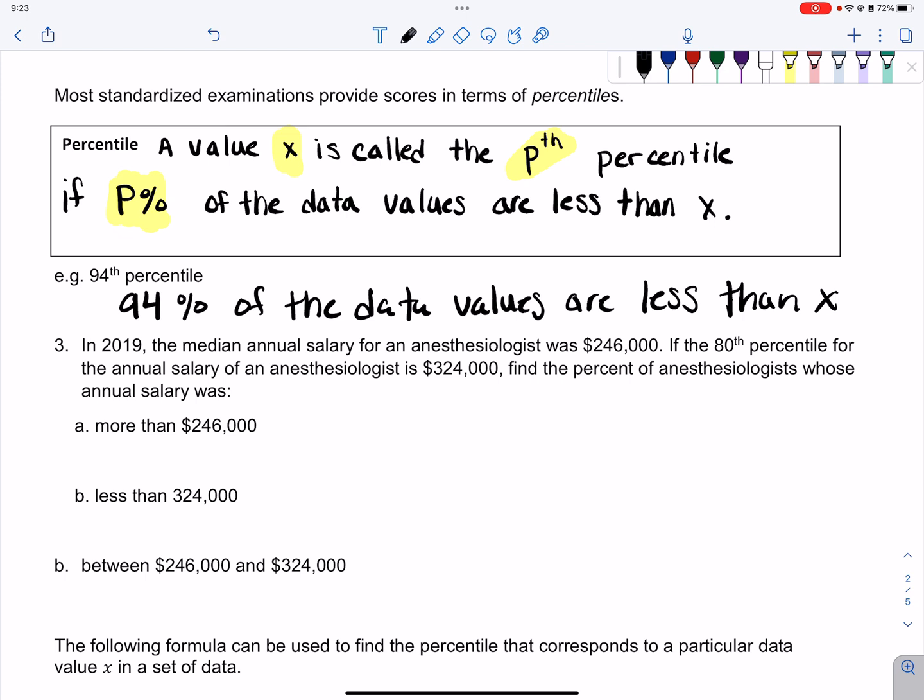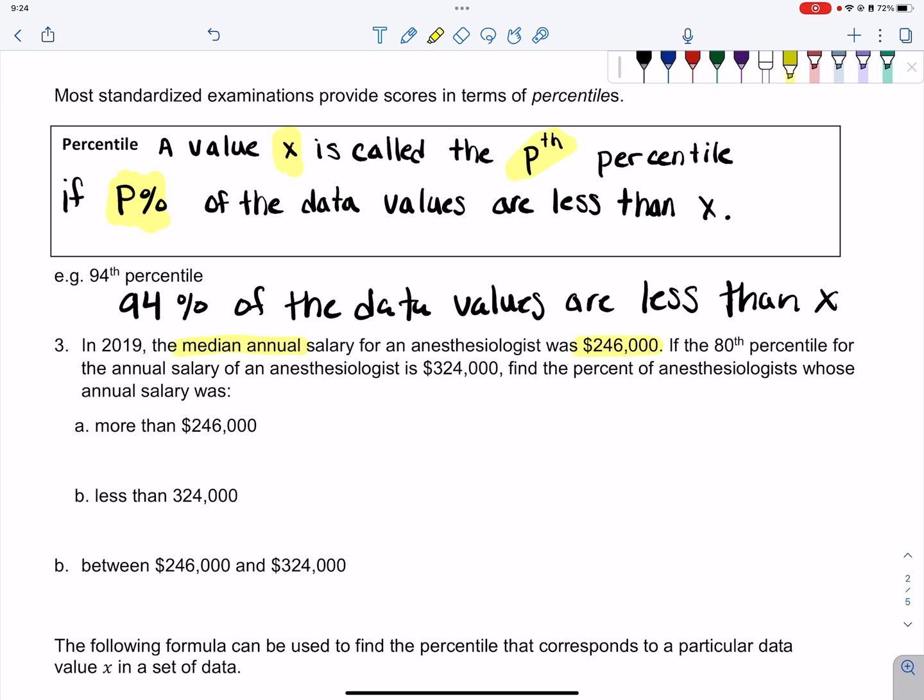The first example here that we're going to do with percentiles is to use the percentiles to figure out what percent of people have incomes for anesthesiologists. So here in this one, we are told in 2019, the median annual salary for anesthesiologists was $246,000.